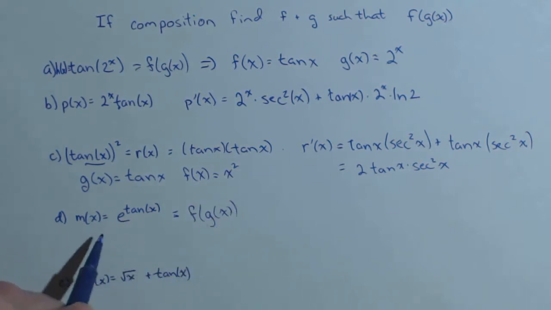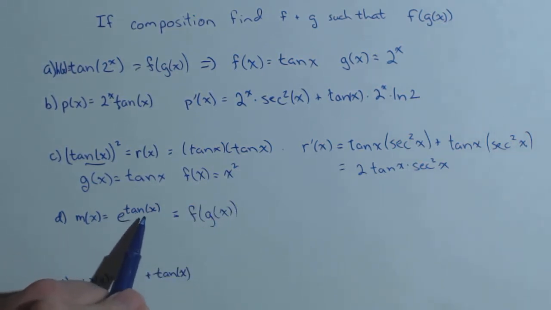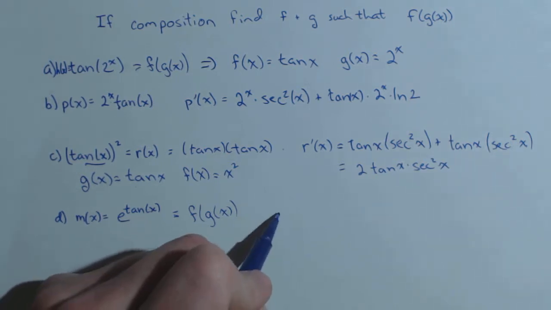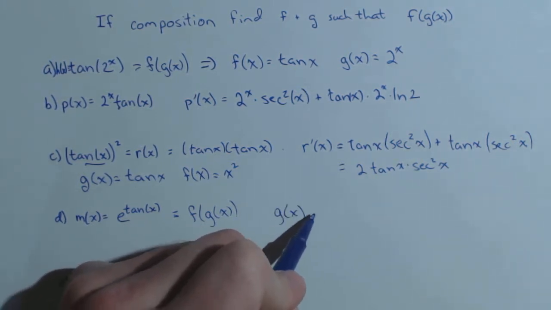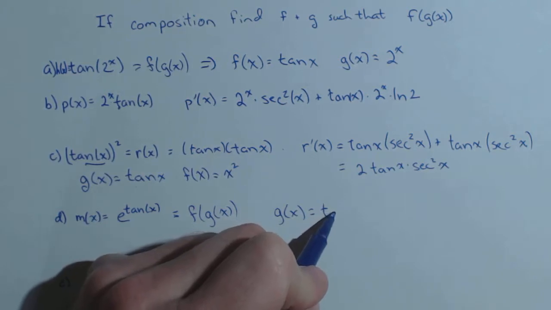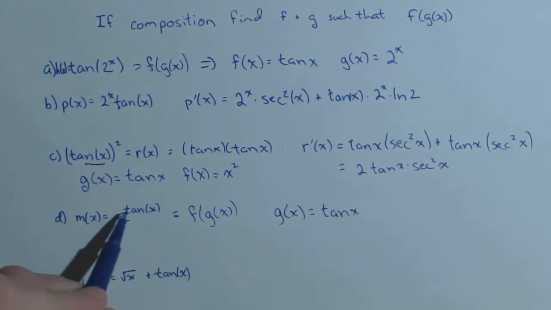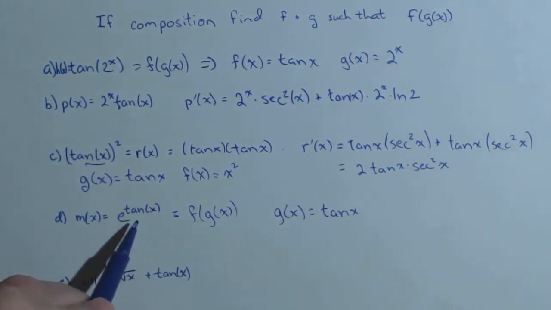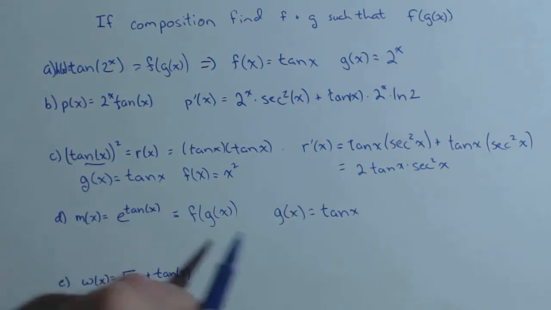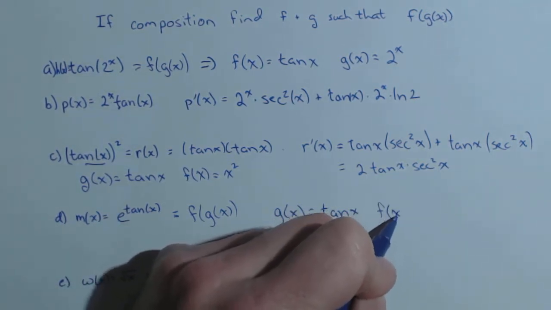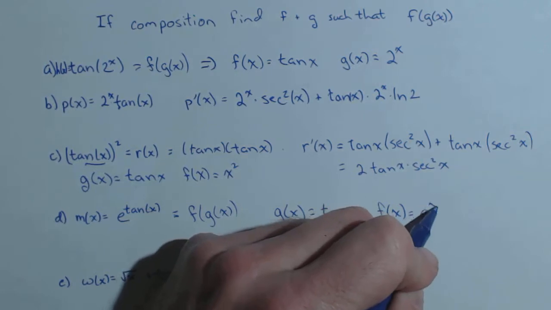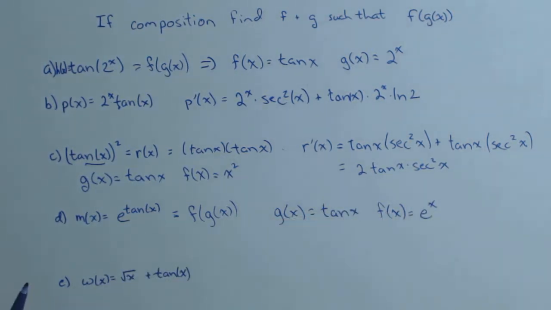In this case, the inside function, again, is tangent of x. Sometimes it's easier to identify the inside function first. And then once you identify that inside function, imagine an x being in its place to get the outside function. So f of x would be e to the x.